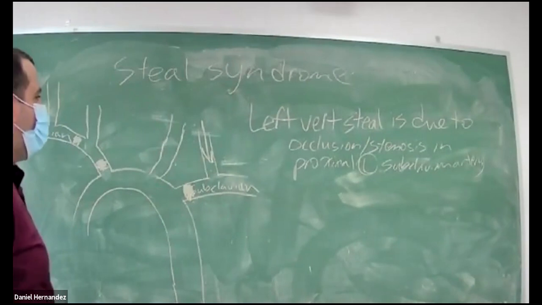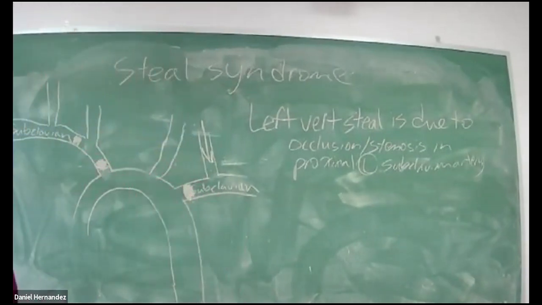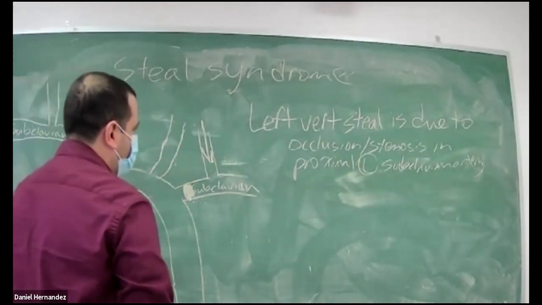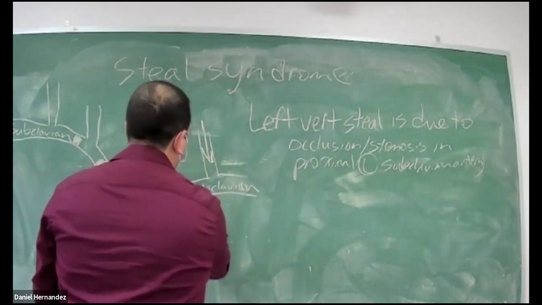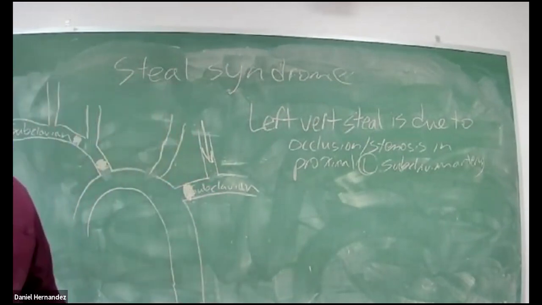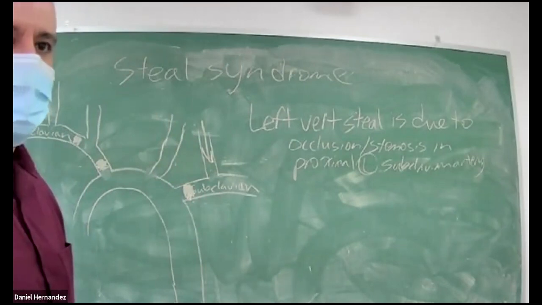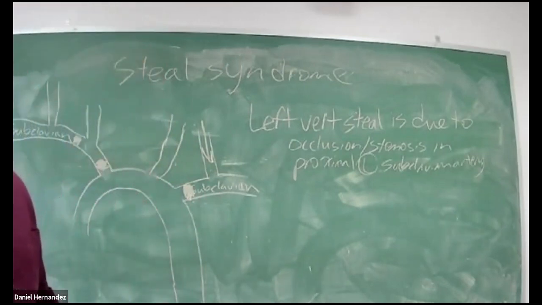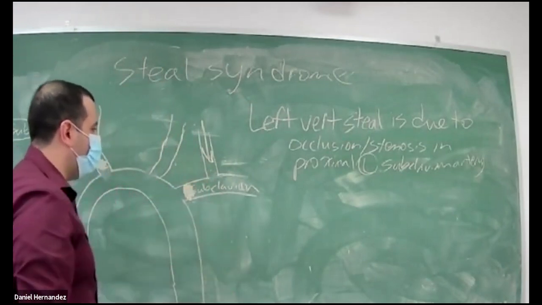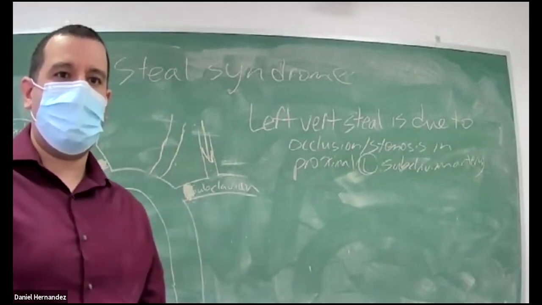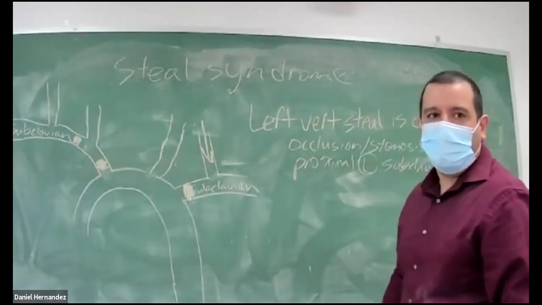So when we see that retrograde flow and we demonstrate that it truly is retrograde, we then have to add on some additional images onto our protocol, and we try and image that proximal subclavian artery and try and find that blockage or stenosis. Now, depending on anatomy, we may or may not see it, but we can potentially see elevated velocities, or we could see post-stenotic waveforms. So if we're able to find that stenotic lesion, great.